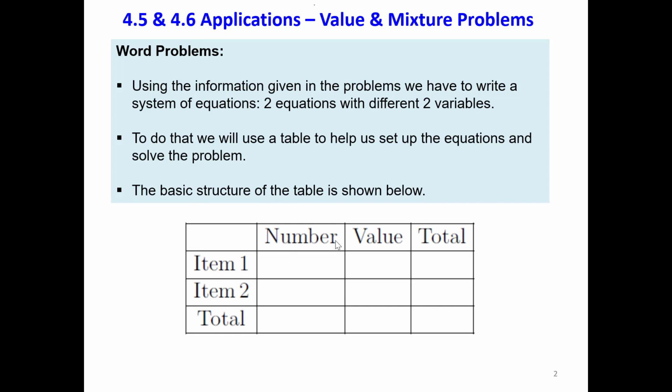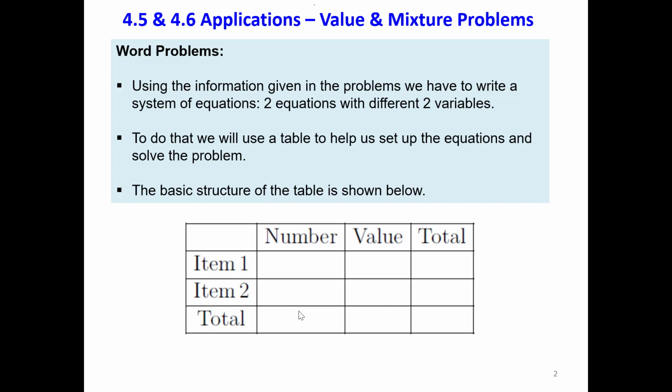Here is the number, or it can also be the amount, the value, or the percentage, for example, and here is the total. And here also, in some cases, we need to add the number of the items. Then we can write here also the total amount of items 1 and 2, if we have.